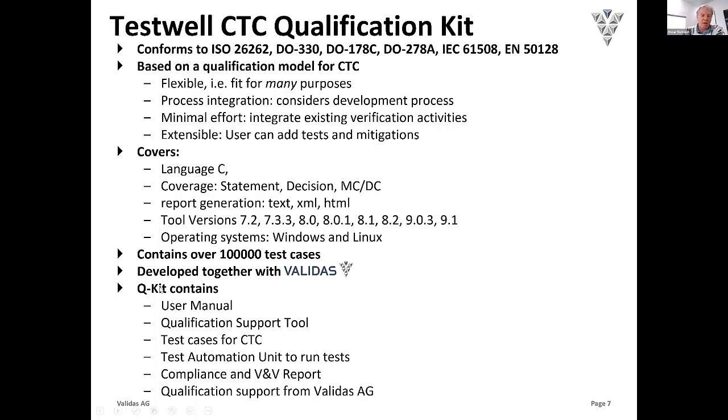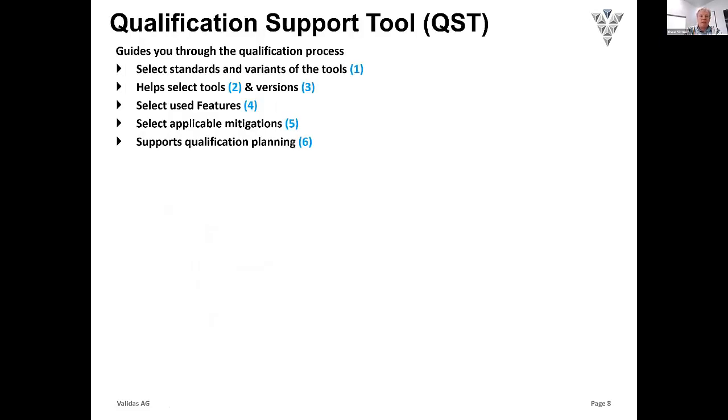And we also offer you support. In case you have questions about the method or about some findings or other things, there is support available that you can obtain directly from VerifySoft. So you just say, I'd like to get the Q-Kit with Validas support, and then this will all be done for you. How does it look?